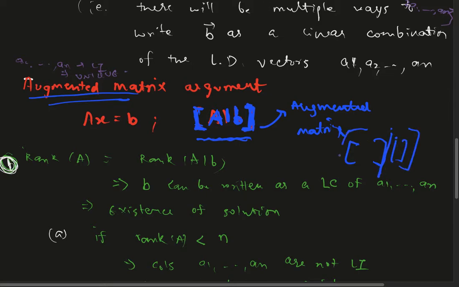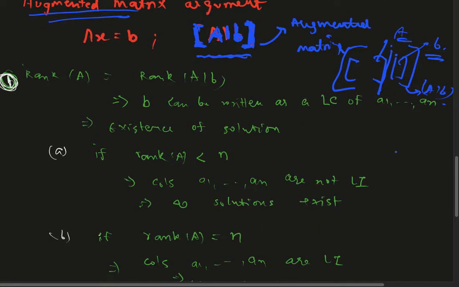They both are concatenated to form a single matrix known as the augmented matrix. This is A, this is the vector B. Okay, so if rank of A is equal to rank of the augmented matrix [A B], what is rank? Rank is the number of linearly independent columns in the matrix.